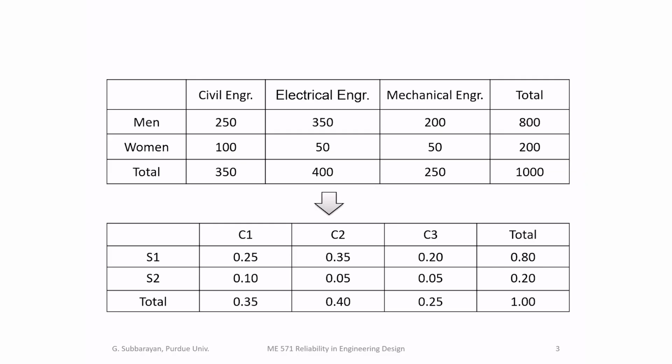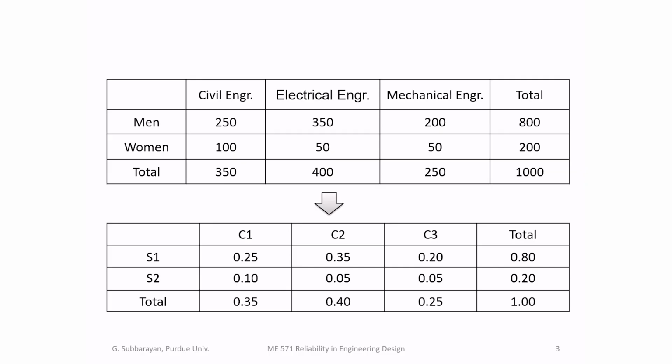S1 is the event that a student is a man, S2 is the event that the student is a woman. The total number of students is 1000, so I divide each cell by 1000 to get the fractions. The probability that a student would be in engineering, man or woman, is 1.0.